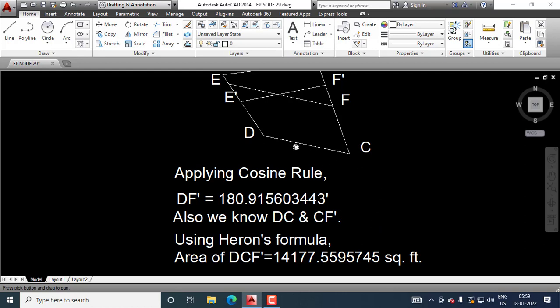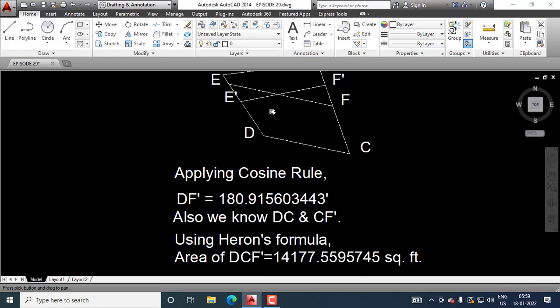So we know DC, we know DF dash, and we know CF dash. Using Heron's formula, we can calculate the area of this triangle DF dash C, this triangle only up to this point. So the area after calculation is 14,177.5595745 square feet.